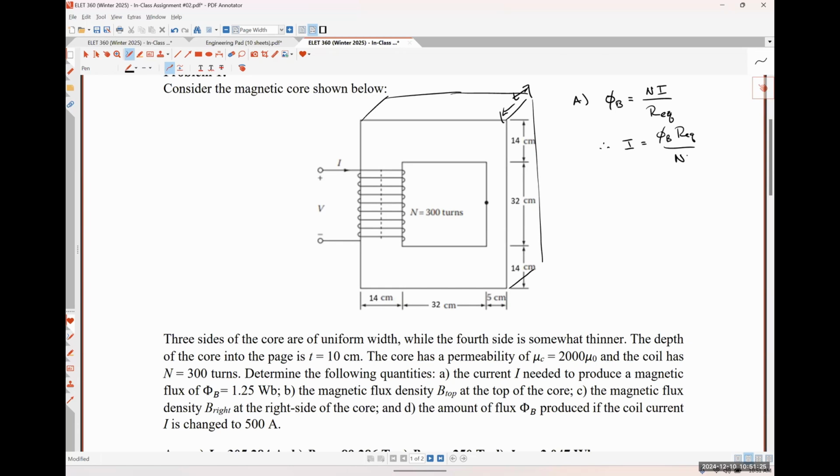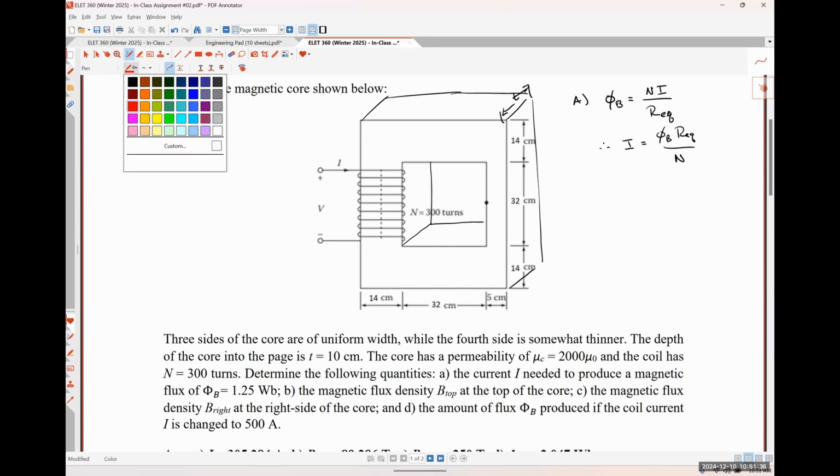So if we looked at our cross-sectional area, and let me try to draw this out here, right? So if we looked at just this part right here, I think I was doing it in pink. So this would be 14 centimeters times our thickness, which is 10 centimeters.